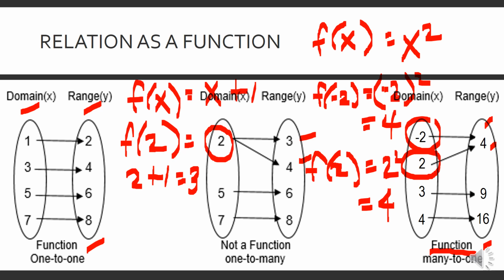So it is impossible that if we have one value of x, the value of y will vary. So if x is 2, there's exactly one value for y, which is 3.